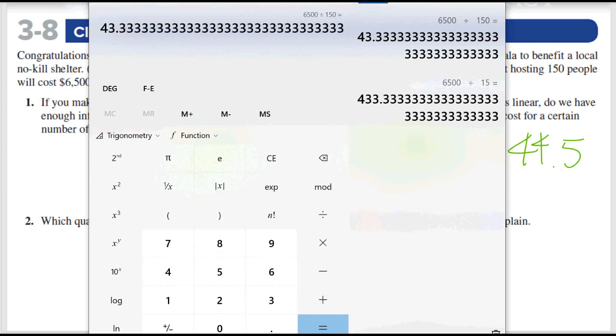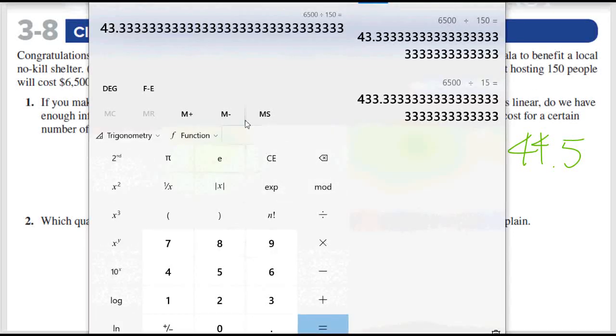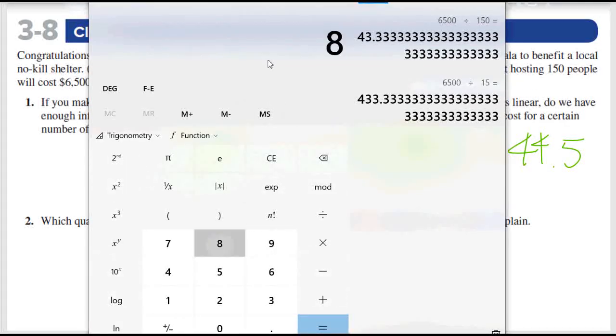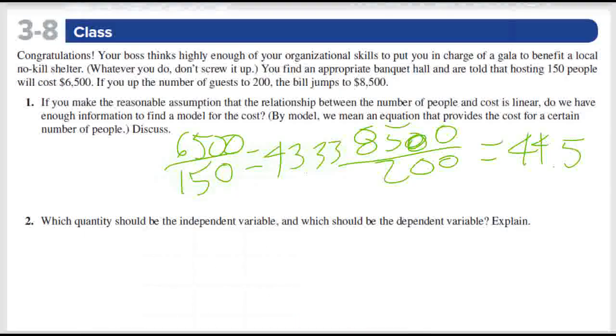So, 43.33. I better check the 8,500. 8,500 divided by 200 is 42.5.